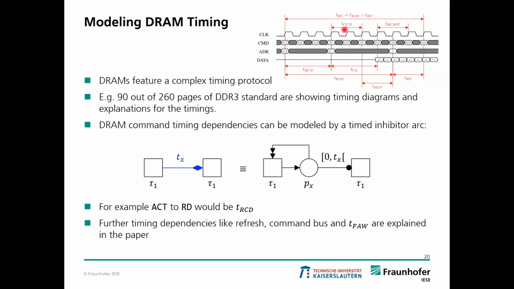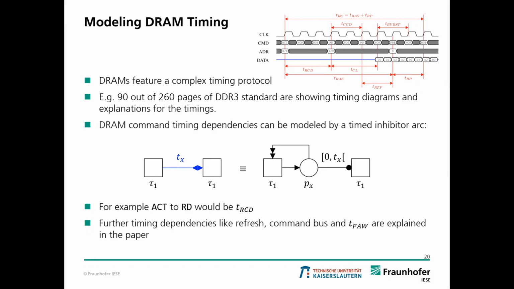And then after some time, the CAS latency, some data is coming to the output of the DRAM device. And this protocol is really complex. You will see that in 2 slides, and then you believe me that this is a really complex protocol. Even for DDR3, 90 pages of the 260 pages of the JEDEC standard are just showing timing diagrams and explaining these timings.